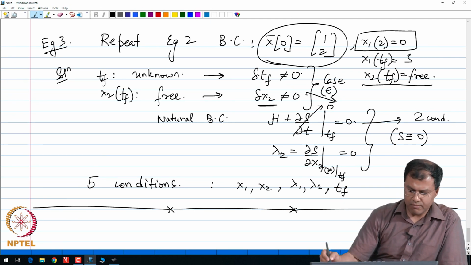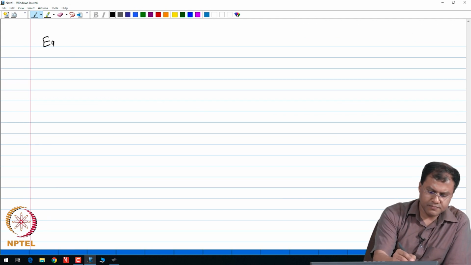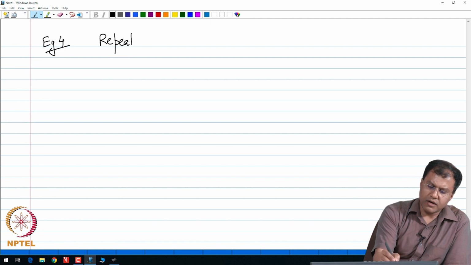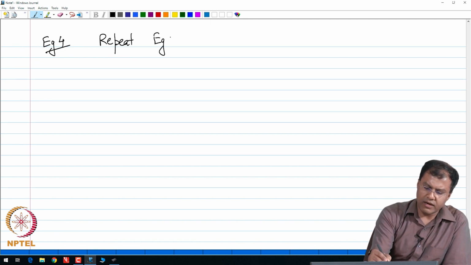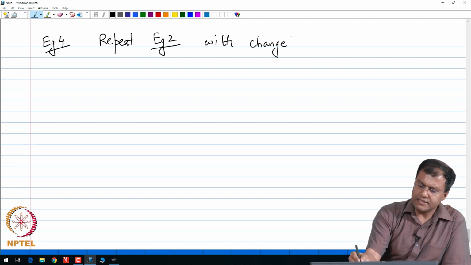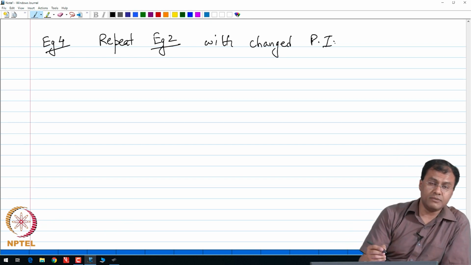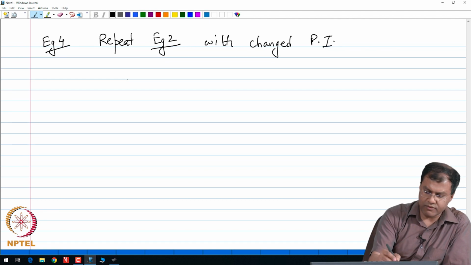Okay, so, in my final example, let me repeat: I am continuing to repeat my example 1 or example 2 as it is, but with a changed performance index. So, my objective function or performance index is as follows.